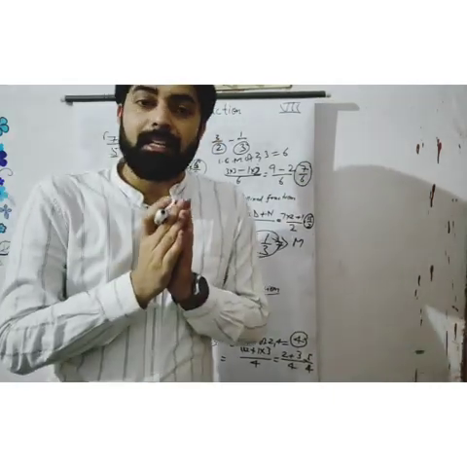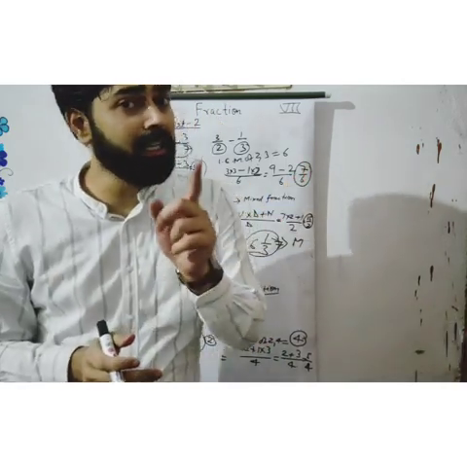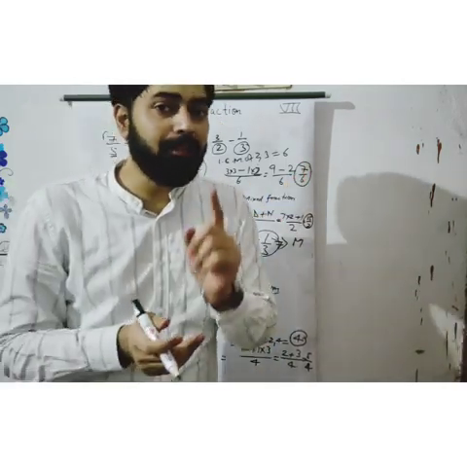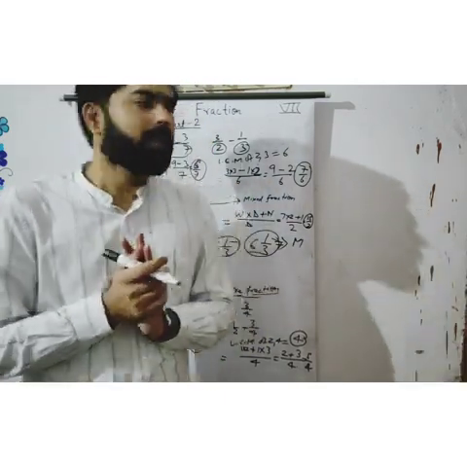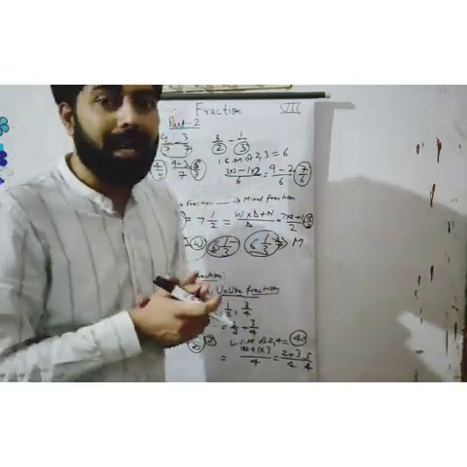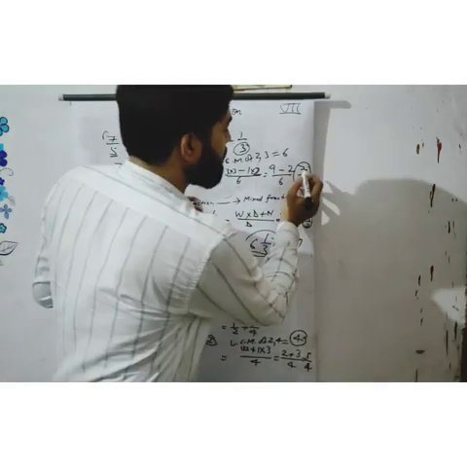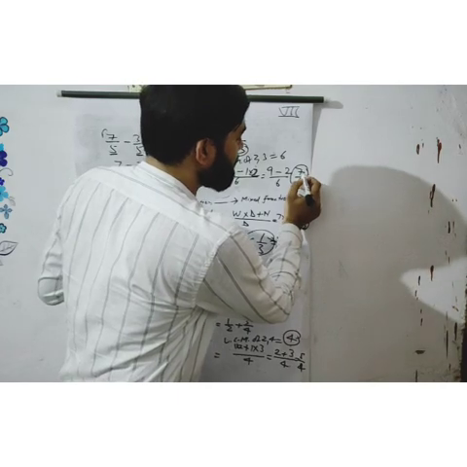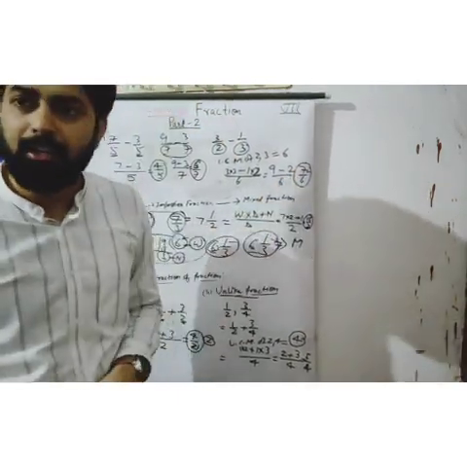After the solution, check your answer. If the answer you find is an improper fraction, always keep in mind that a fraction's answer should be written in simplest form. How can we write it in simplest form? By division or by the mixed fraction. Look here, 7 upon 6 is an improper fraction, because the numerator is greater than the denominator.